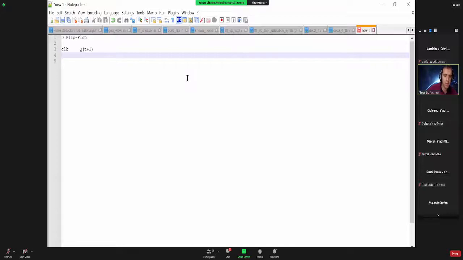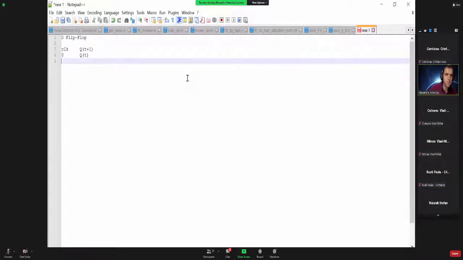So if the clock is constant 0, what is the value of the output Q of T plus 1? It's Q of T, okay. If it's 1, again, it's Q of T, okay.